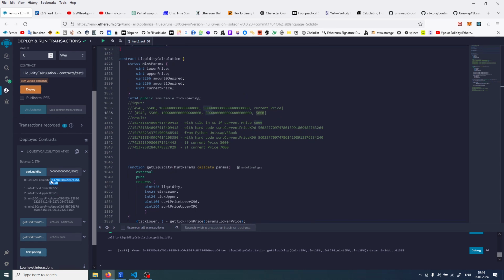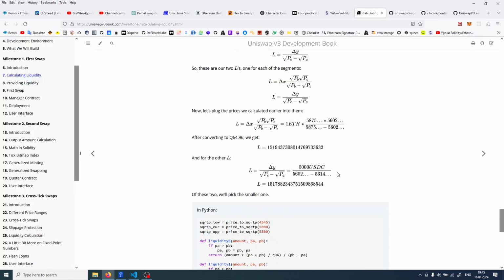And we can see this is the liquidity for 1 Ethereum and 5000 USDC. And we can see it's slightly different from this value. It's slightly different.